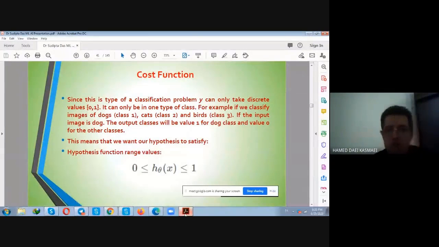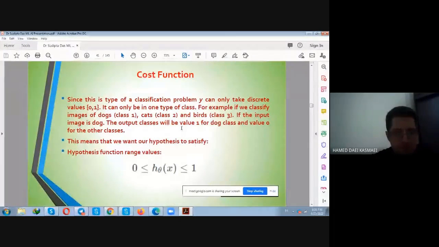If the input image is a dog, the output will be value 1 for the dog class and value 0 for the other classes. So in this example the result is just dog, and if you get another result, you need to return the value 0.